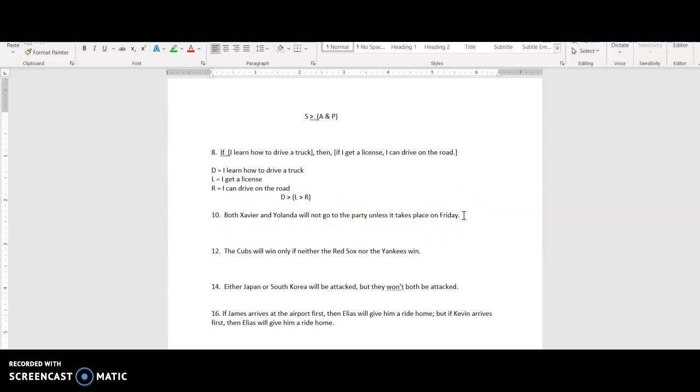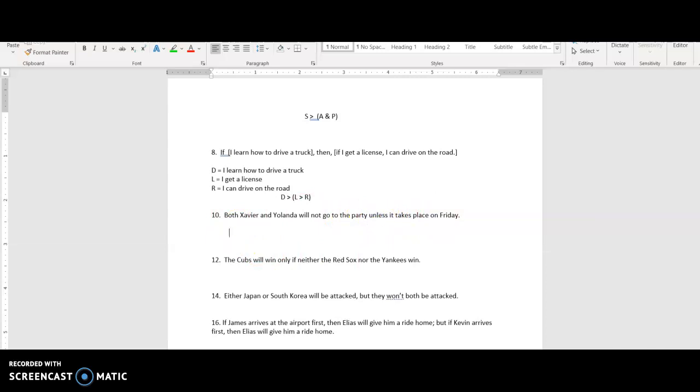Now, the main operator here is unless. So this happens unless this happens. The easiest way to translate unless is just using the disjunction. Whatever comes before unless is going to be the left disjunct, and whatever comes after unless is going to be the right disjunct.